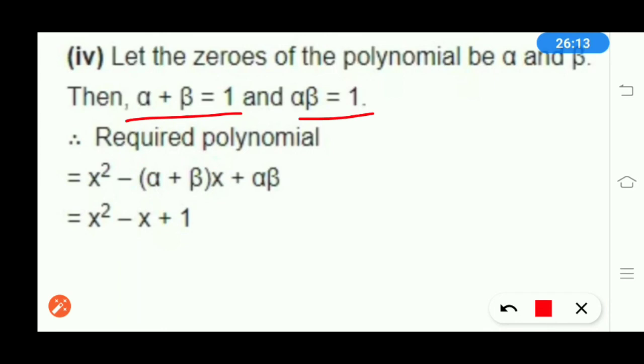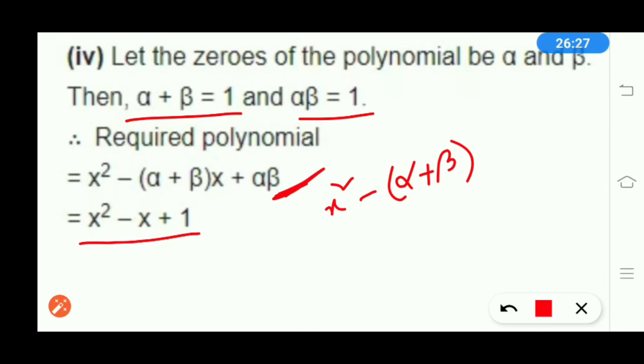So x square minus (alpha plus beta) into x plus alpha beta, so x square minus x plus 1. You just remember this formula: x square minus sum of the zeros, that is alpha plus beta, into x plus product of the zeros, that is alpha into beta. Okay, so Roman number 4 is complete.